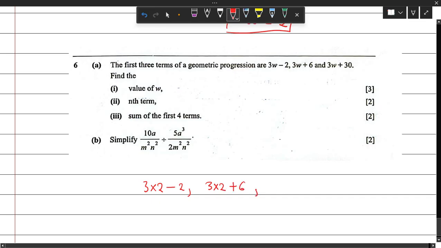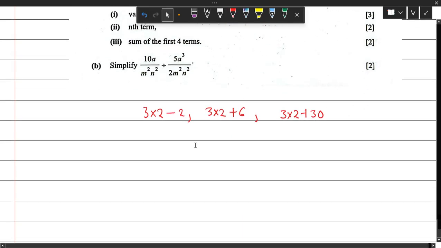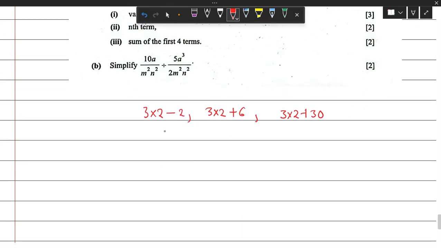And our third term is 3 multiplied by 2 plus 30. So 3 multiplied by 2 is 6, minus 2 to give us 4. Here 6 plus 6 to be 12. Then here 3 multiplied by 2, 6 plus 30, so it will be 36.